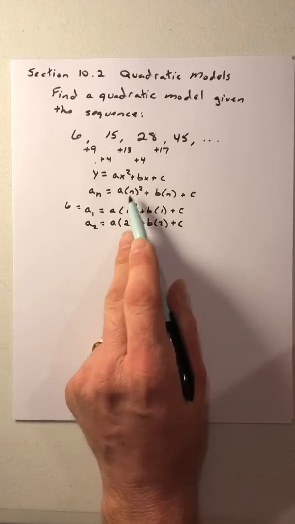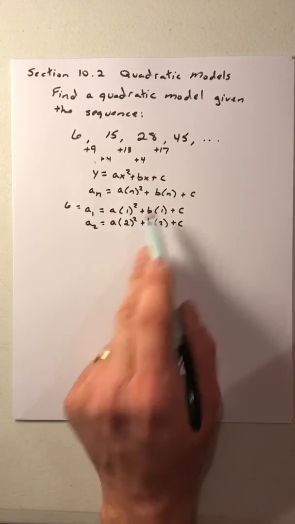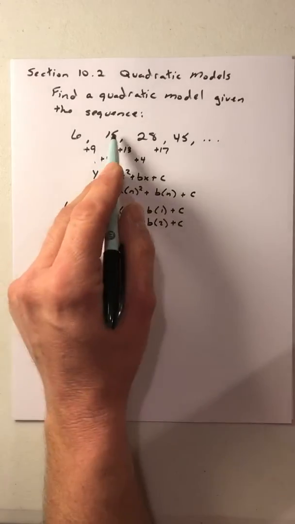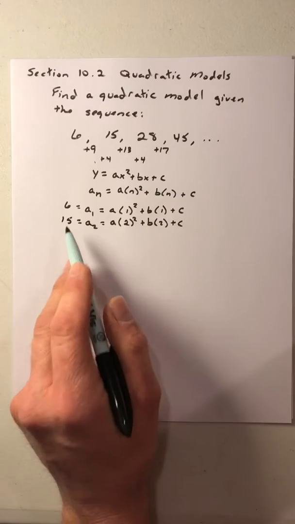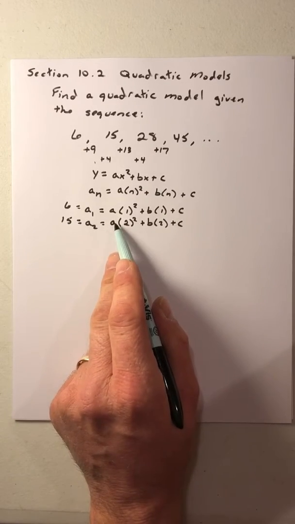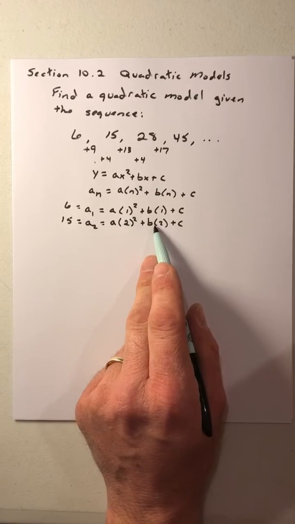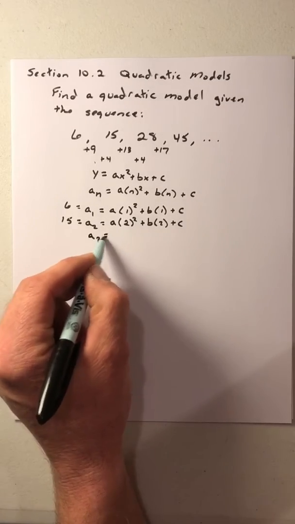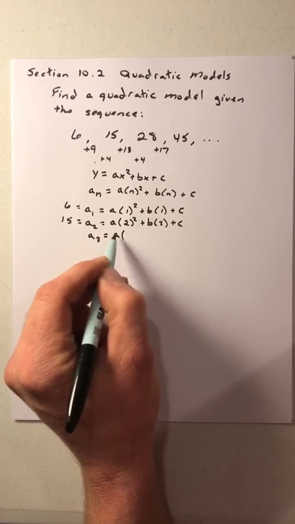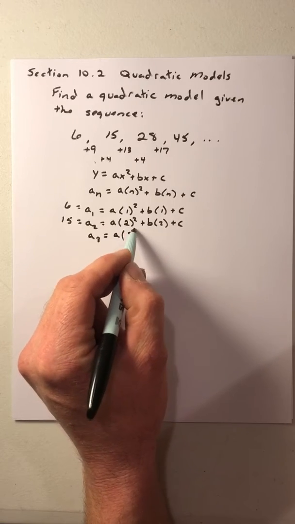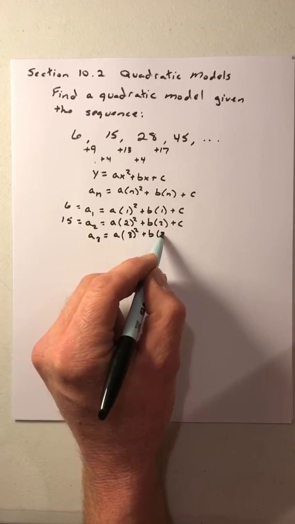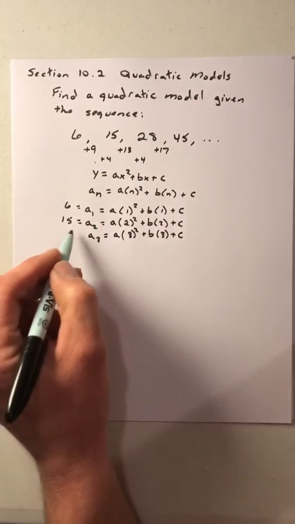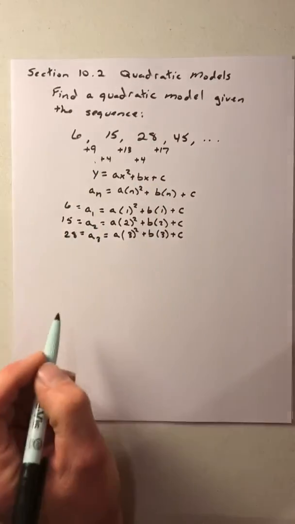Notice we've changed that n value, because here we're looking for the first term, and here we're looking for the second term. That second term is 15, so 15 equals a times 2 squared plus b times 2 plus c. Likewise, our third term is a times 3 squared plus b times 3 plus c, and our third term in this case is 28.